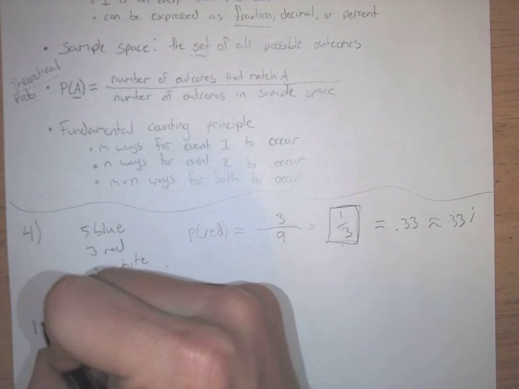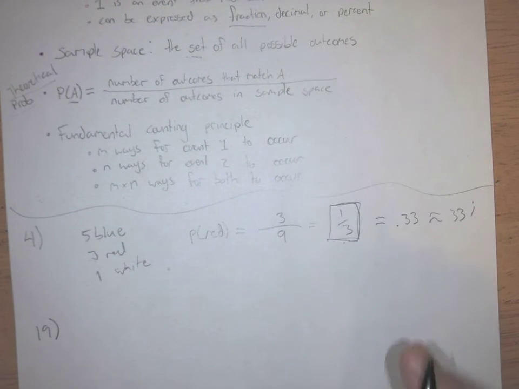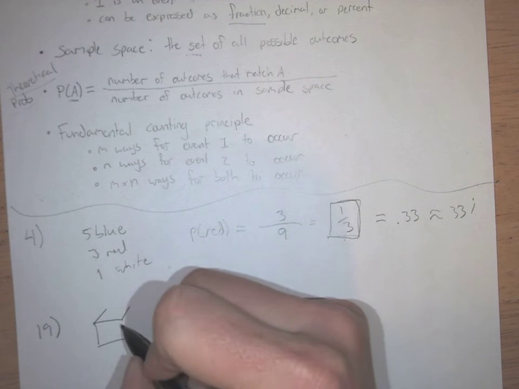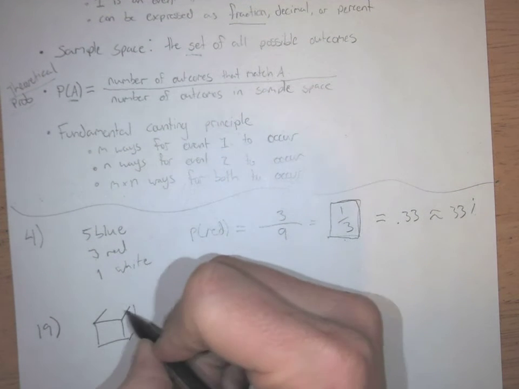Okay, the next one we're going to look at is 19. It's also going to be calculating a theoretical probability. Okay, so number 19, the wording on this section is kind of weird, so I wanted to go over that. It says calculate the probability of each event for one roll of a number cube. Well, what the heck is a number cube? They're talking about rolling a die.